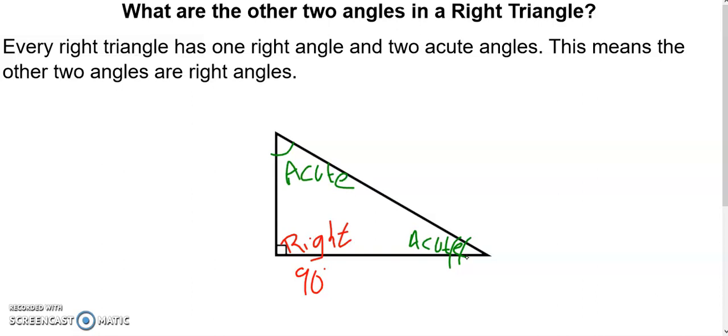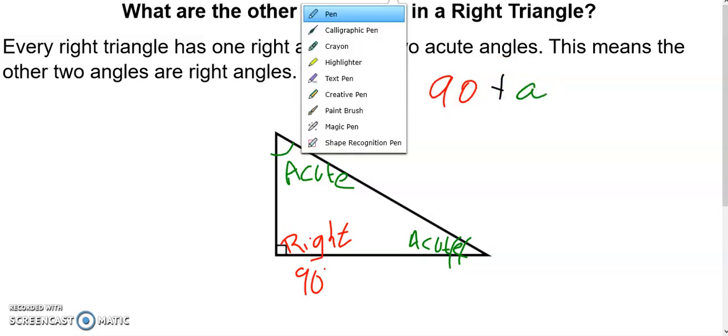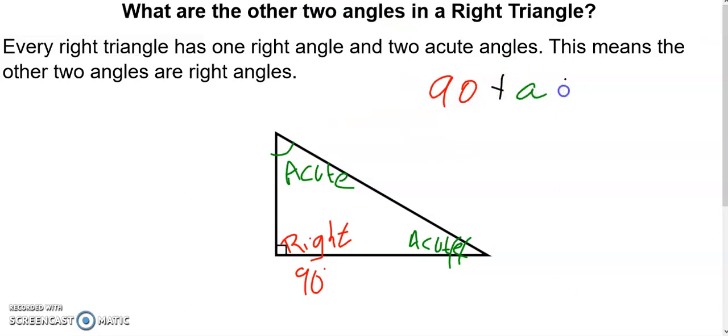And those two acute angles, just as a fun fact, have to add up to 90 because all three angles in any triangle have to add up to 180. So I would do 90 plus the acute angle plus the other acute angle would have to equal 180.